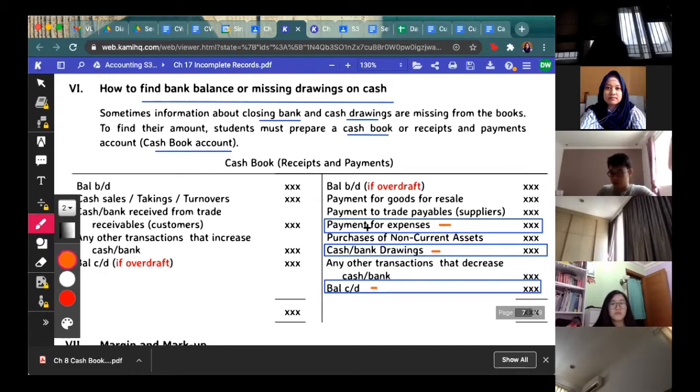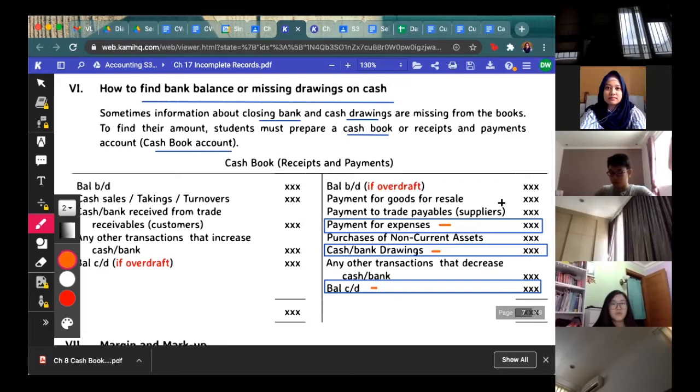We never know what will be questioned. It depends on the question. What I want you to know is what transactions will increase cash and what will decrease cash. From there, you will know what kind of information is missing.